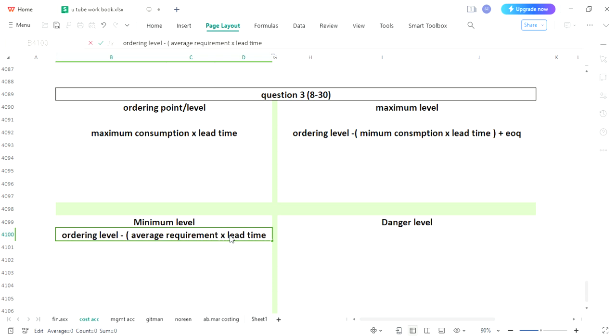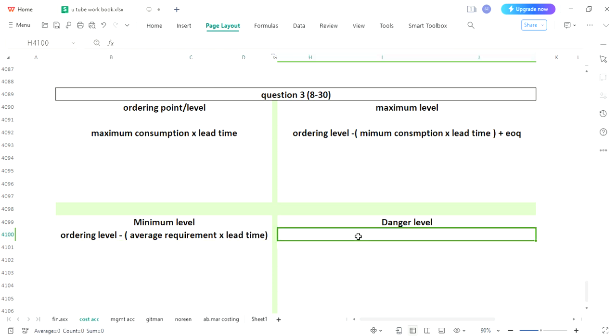So in this way the minimum level would be completed. Then we have our danger level, where we need the average requirement multiplied with the time required. It is a little longer formula: the time required for emergency supply.